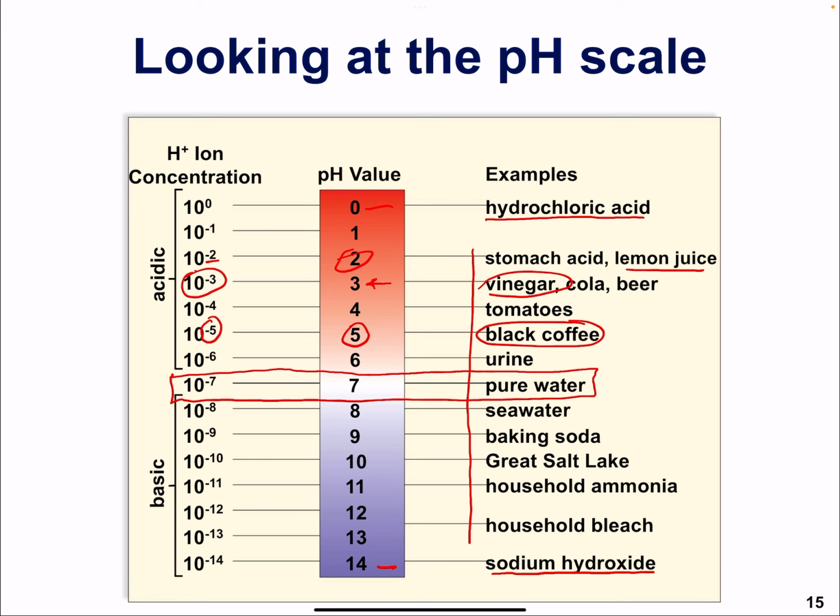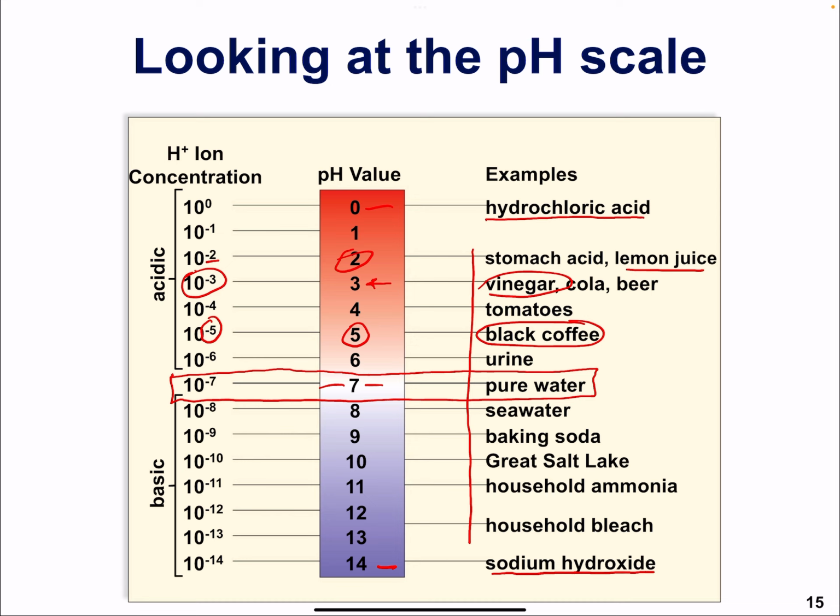There is nothing more pure than water. So water is the only substance, when it's exclusively water in a bucket or in a glass, that is going to have a pH equal to 7. Anything else is going to have a pH that is either above 7 or below 7, right?